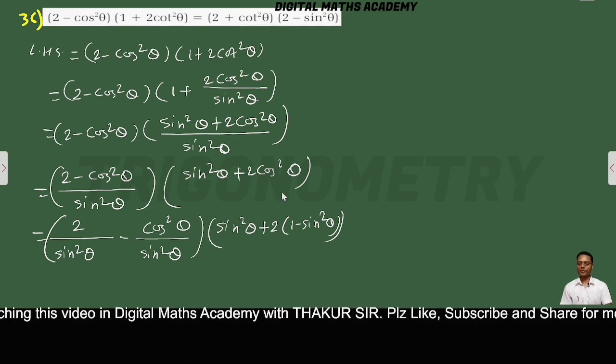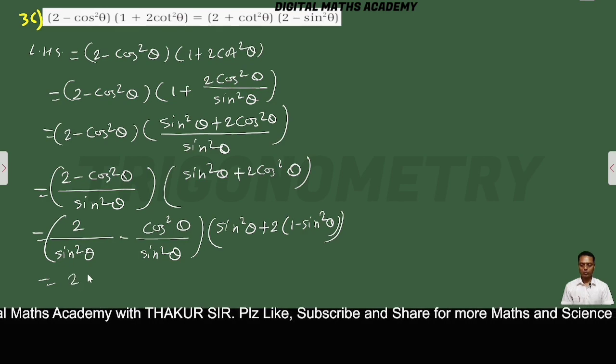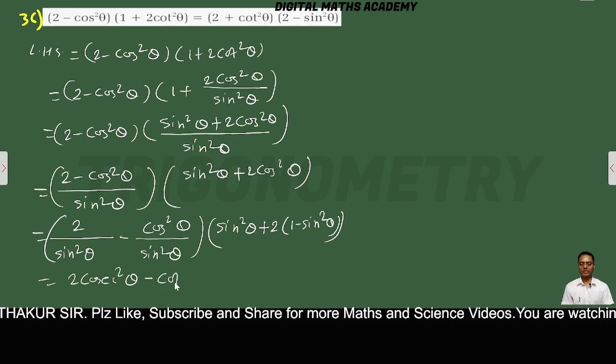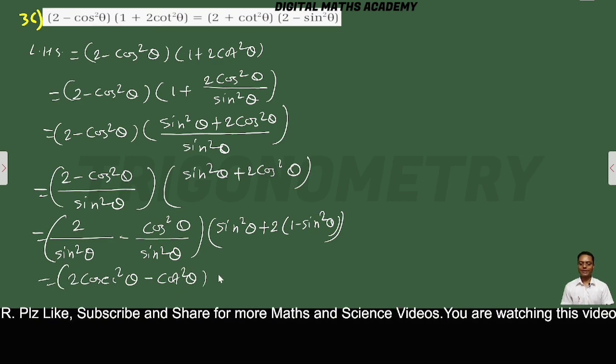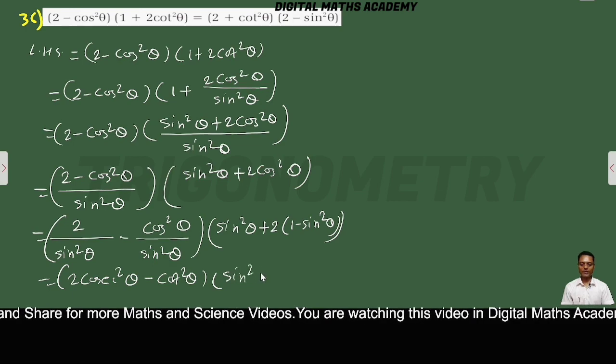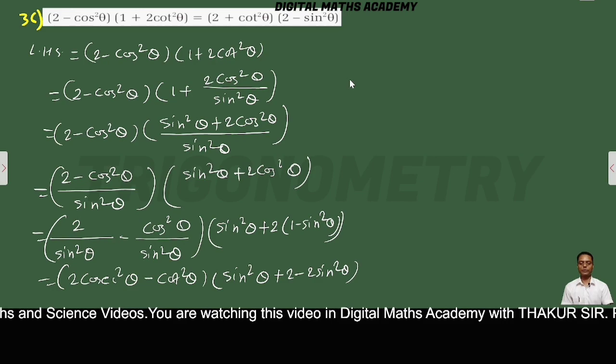Now 2 by sin square theta means 2 cosec square theta, and minus cos square by sin square means cot square theta, and here we are going to open the bracket. So sin square theta plus 2 minus 2 sin square theta, yes you can do.